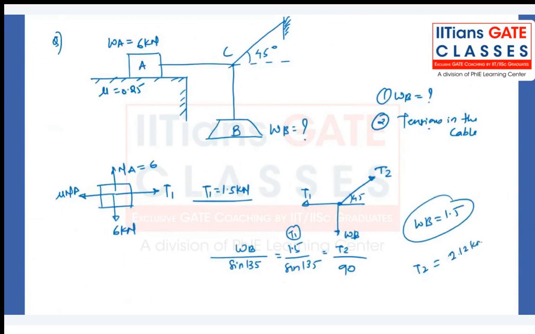Clear? Any doubt? Okay, good. WB is clear, you can just cancel it out, and WB is equal to 1.5 as it is. Most of you have solved it.